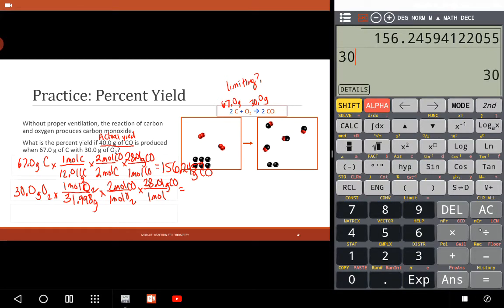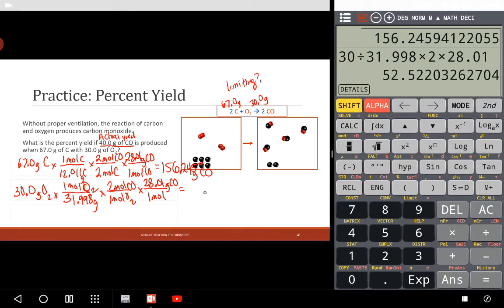So that's 30 divided by 31.998 times 2 times 28.01. And so that's 52.522 grams. So this is definitely smaller, and so this is going to be my theoretical yield. That tells me that my O2 is limiting.